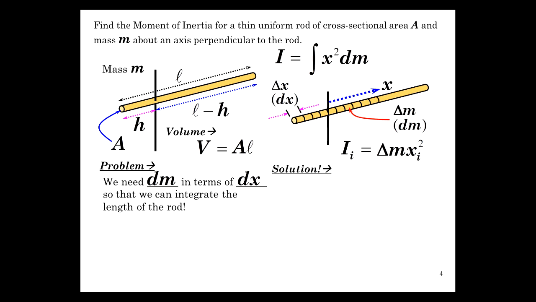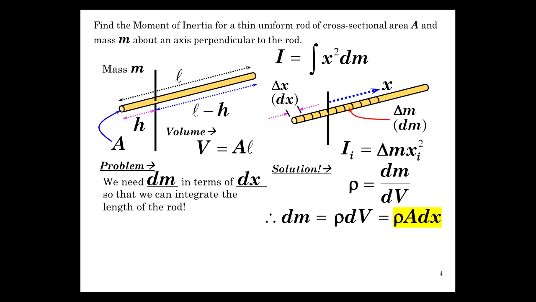We can't do it directly with respect to dm. So as we just learned, we can consider the density, mass over volume, which is dm over dV. Thus, we can express dm as rho dV. But dV, or V itself, is cross-sectional area times length.